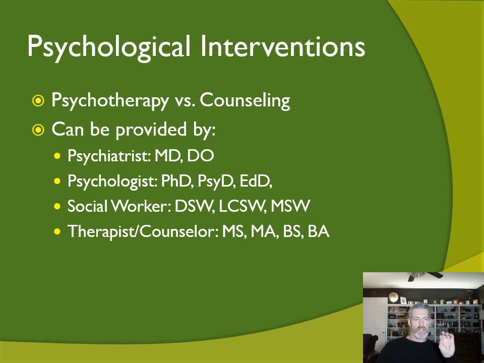By and large, the vast preponderance of prescribing of things like Zoloft and Prozac and Trazodone and these kinds of things, antidepressants, anti-anxiety agents, antipsychotics, almost all of that is prescribed by a psychiatrist, occasionally by a psychiatric nurse practitioner, which is kind of a level or two down, or a psychiatric physician's assistant.